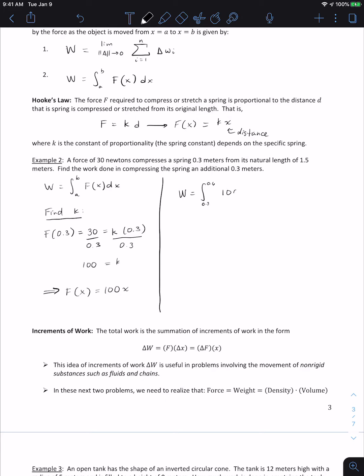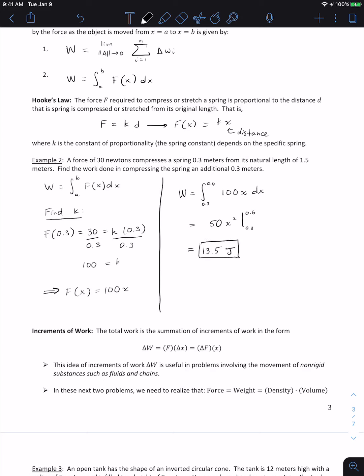My force function is 100x dx. Now this just becomes a simple integral problem. So we get 50x squared, evaluated from 0.6 to 0.3, and if I solve that, I end up getting 13.5. Since we were dealing with meters, it's SI units, so it's joules.